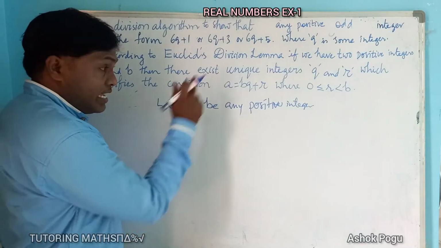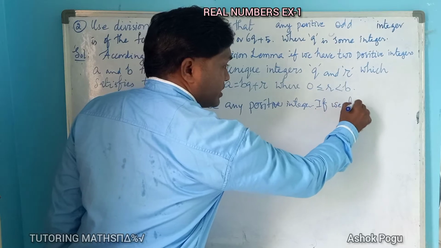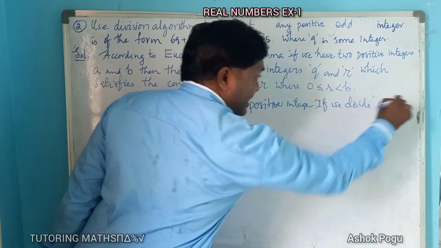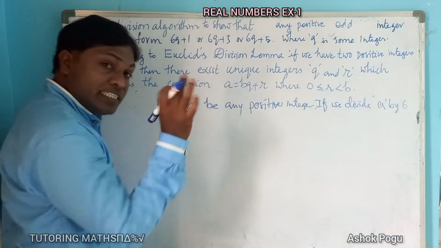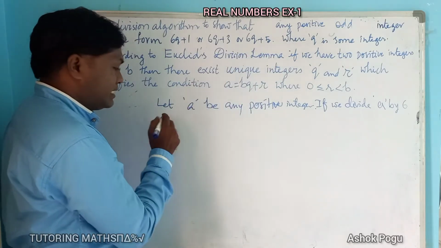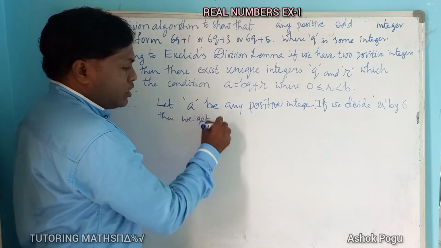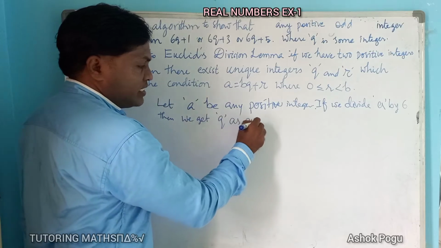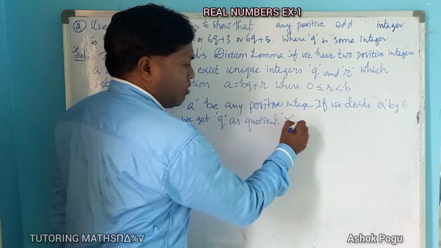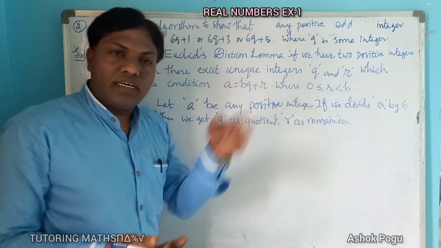If we divide a by 6, we get q as the quotient and r as the remainder. Yes, that only is Euclid's division lemma.